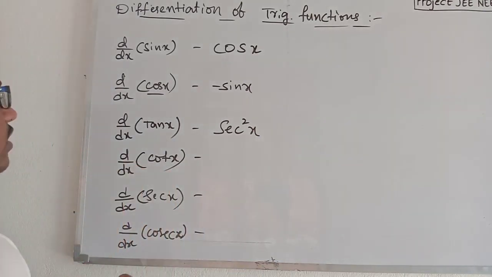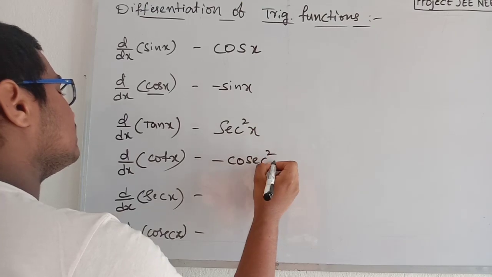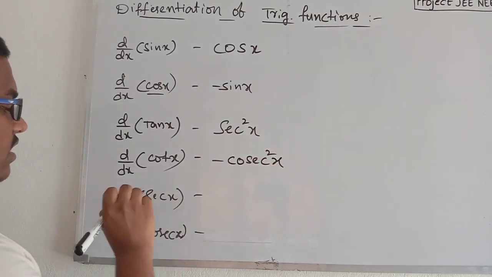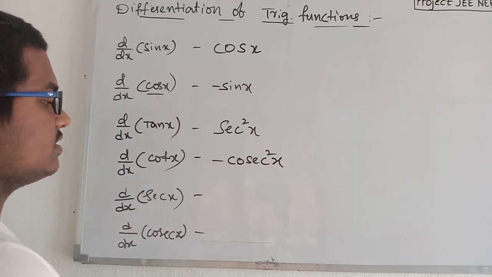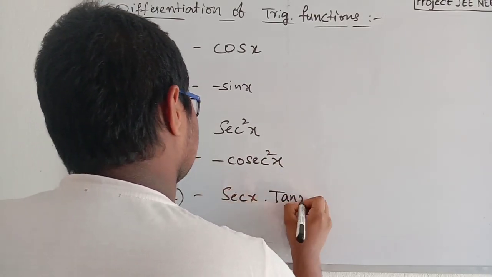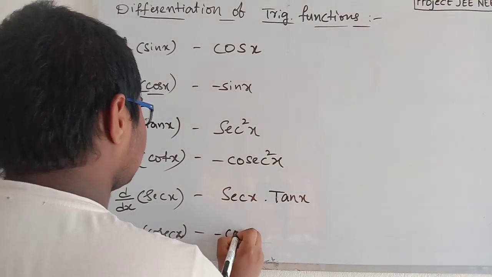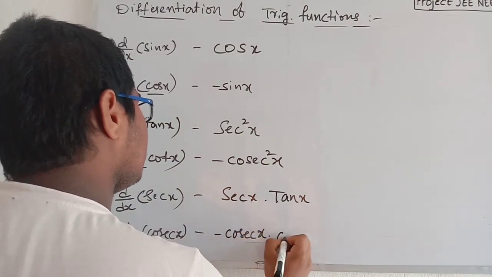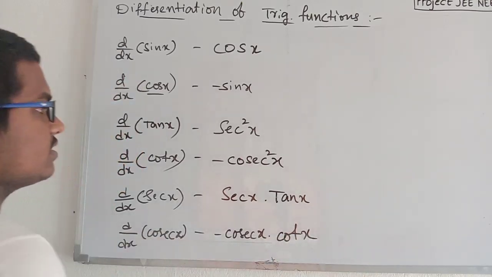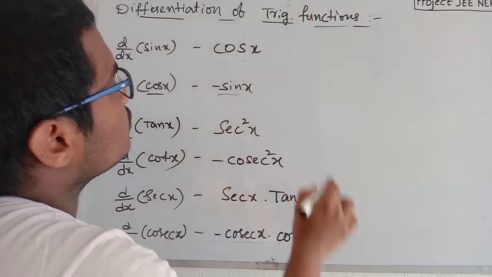D by dx of cot x is minus cosecant square x. D by dx of secant x is secant x into tan x. D by dx of cosecant x is minus cosecant x into cot x. So we have negative values as well as positive values.